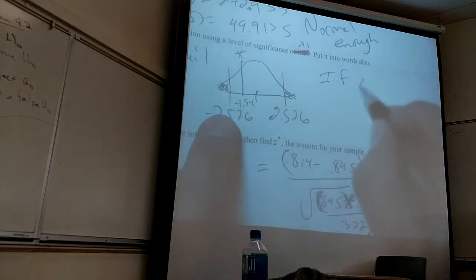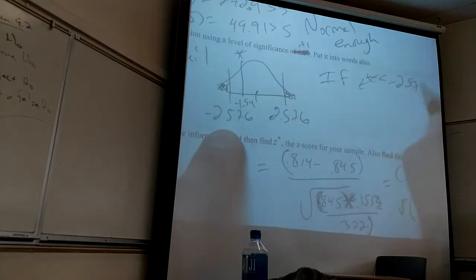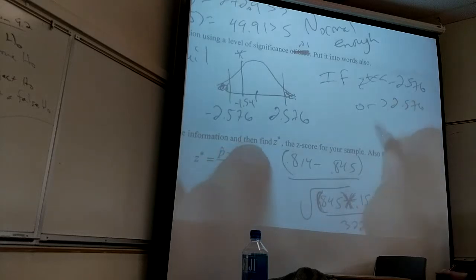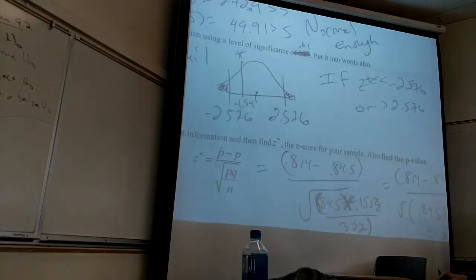If z star is outside, less than negative 2.576 or greater than 2.576, what can we do? That's the rejection region. It's really far away from the middle, and the H0 is the one that thinks it's in the middle. So if we're way far away, we can then reject the null.